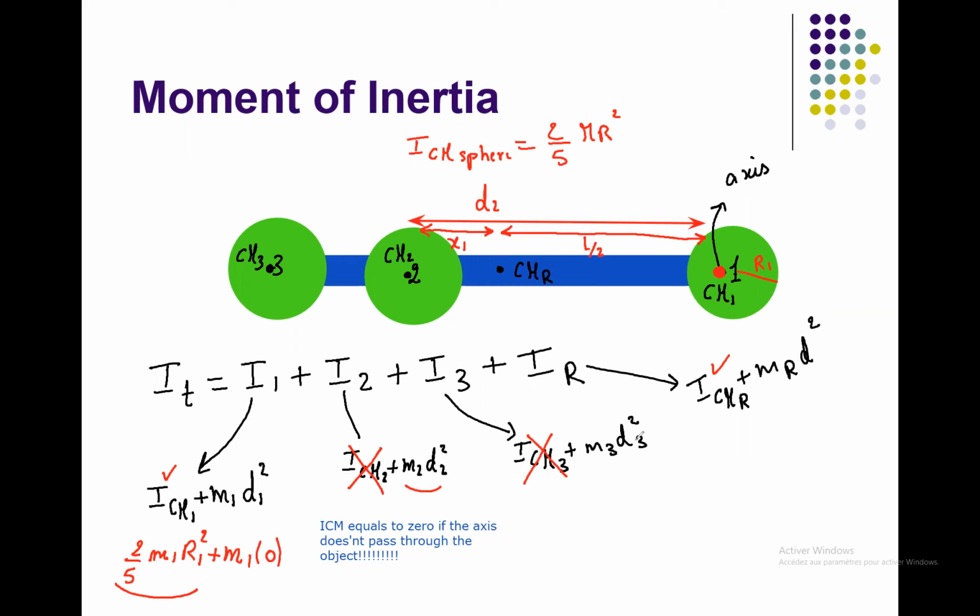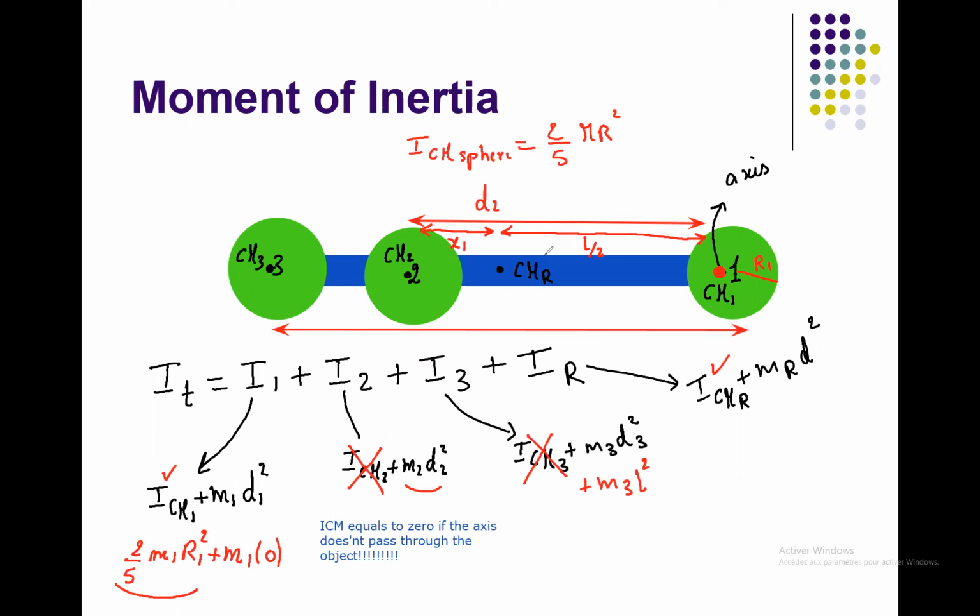D3 equals the distance between the center of this sphere and the axis, equal to L, from this point to this point. So in this case we can say M3 times L square.